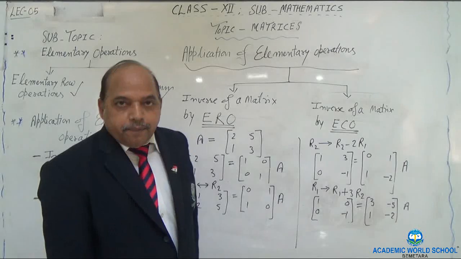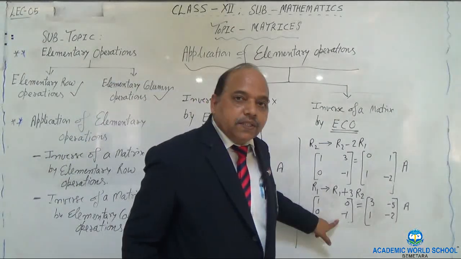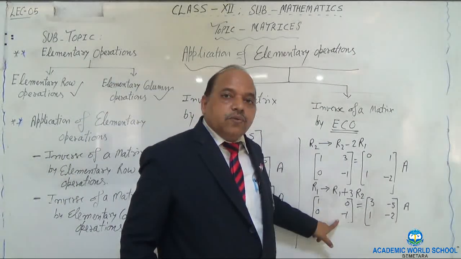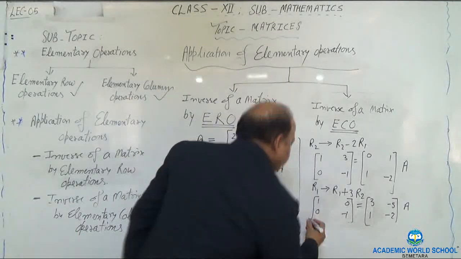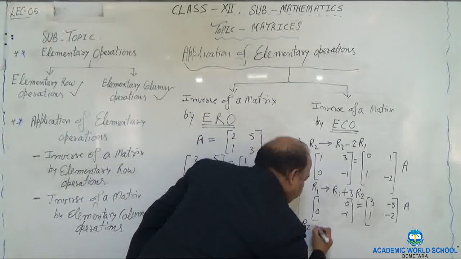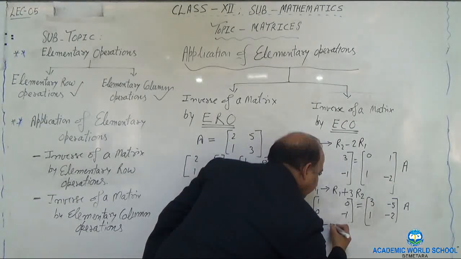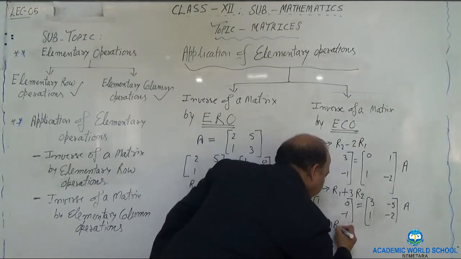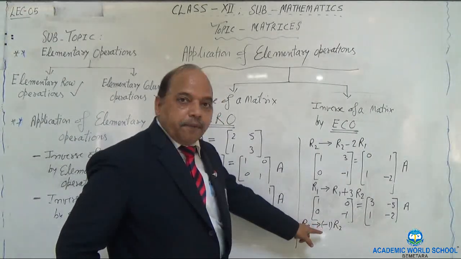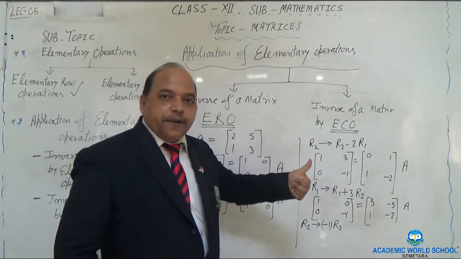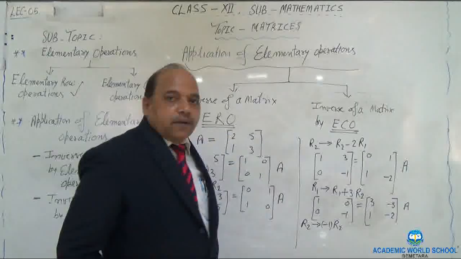Now only one step is left. Here it is minus 1. So what should I do so that the minus is consumed? We will make a change in R2: minus 1 time R2 we are writing. Which operation are we applying? The second operation, where you multiply by a constant.